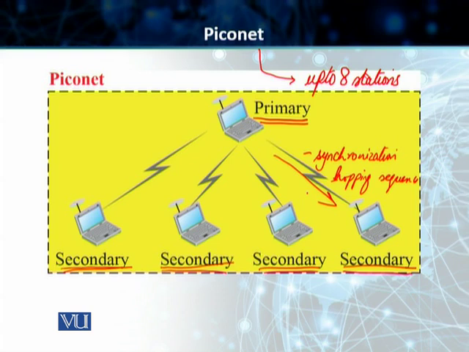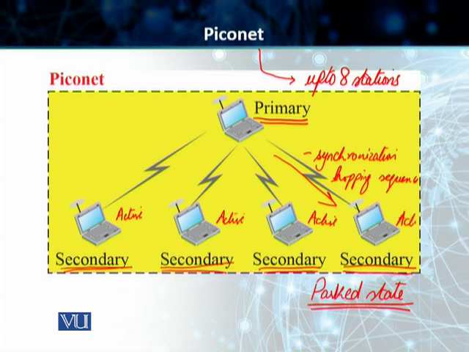Students, although we can only have 7 secondaries at one single time, you can have more secondaries connected to this primary in a state that we call as a parked state. So you can have more secondaries than 7, but not in the active state. All of these secondaries that you are looking at, they are in the active state of communication.